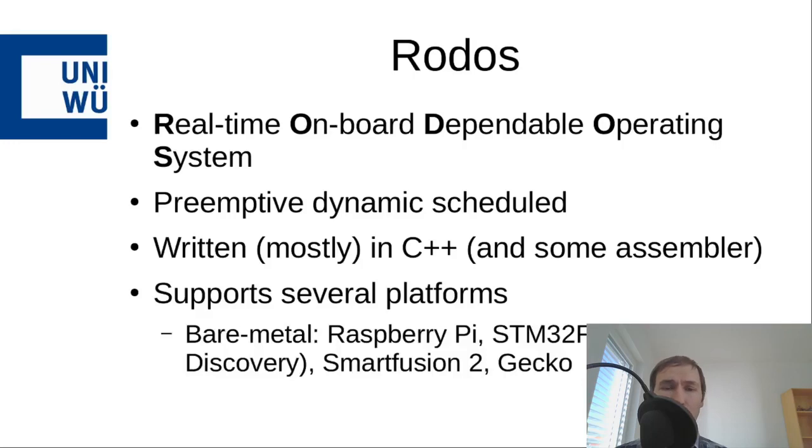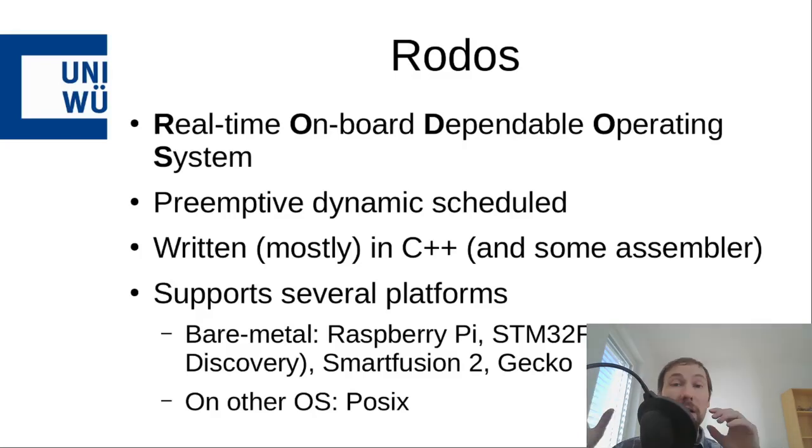It supports different platforms. On the one side, bare metal platforms, that means that Rodos directly runs on the hardware. So, for example, on the Raspberry Pi, on discovery boards from STM, SmartFusion2, Geckos, and some others.